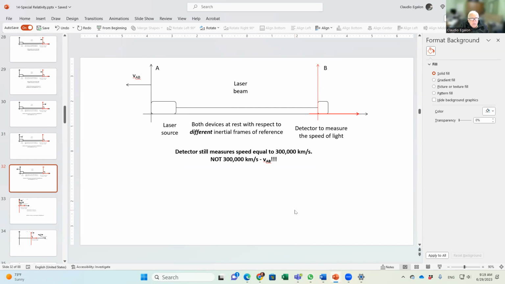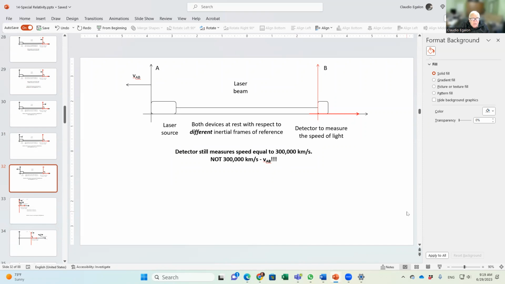One of the consequences was exactly what Fitzgerald mentioned, that the arm of the interferometer was shrinking. That's why Michelson-Morley couldn't see any relative motion with respect to the ether. Okay?